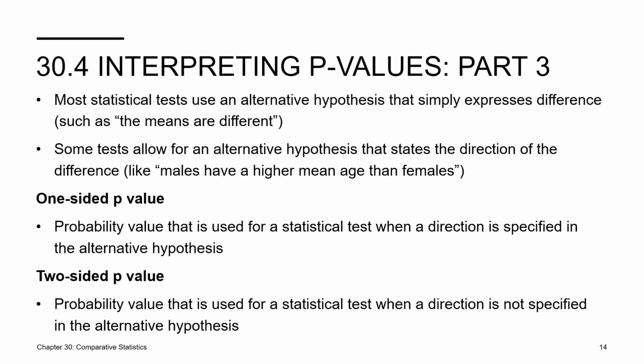Most statistical tests use an alternative hypothesis that simply expresses a difference, but they can also state a directional difference. A one-sided p-value would be used when there is a direction specified, so you specify that males have a higher mean than females, versus a two-sided p-value, which would mean that there's just a difference, not a specified direction.